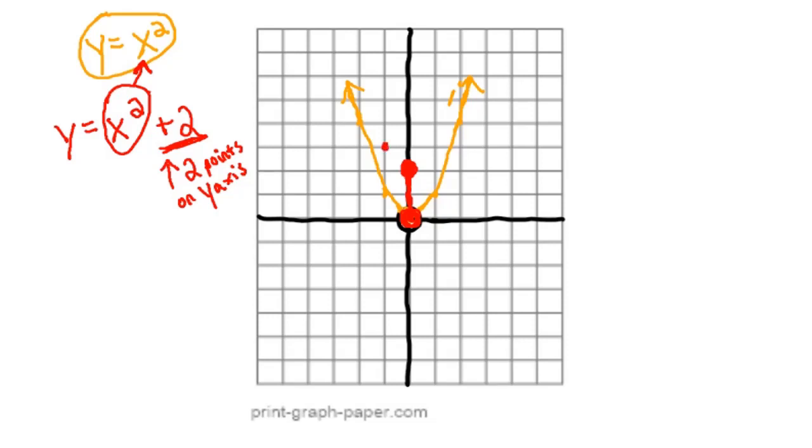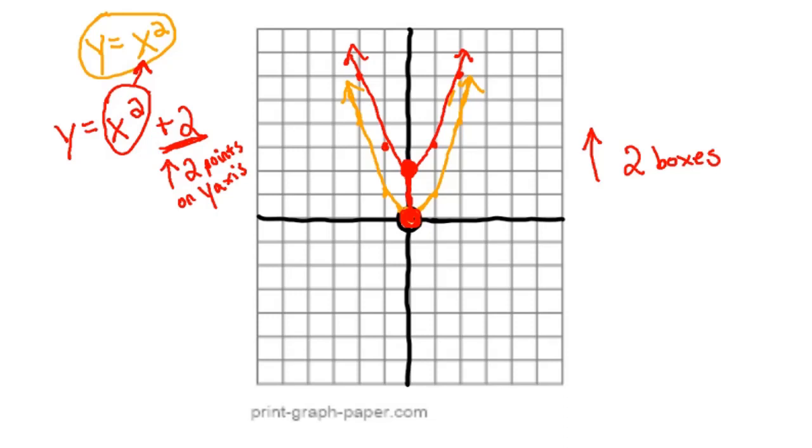So now this goes here, this goes here, and you make a new smiley face, the exact same shape as the old one. It's just that it has been moved up 2 boxes.